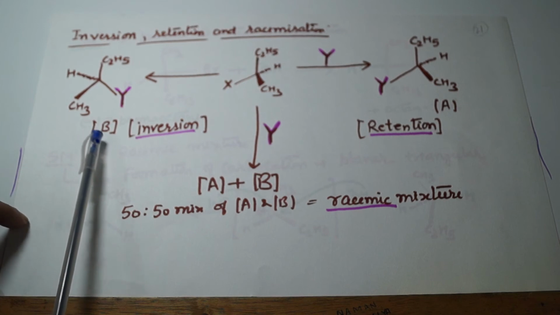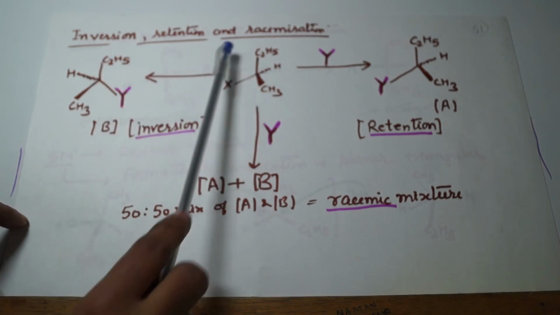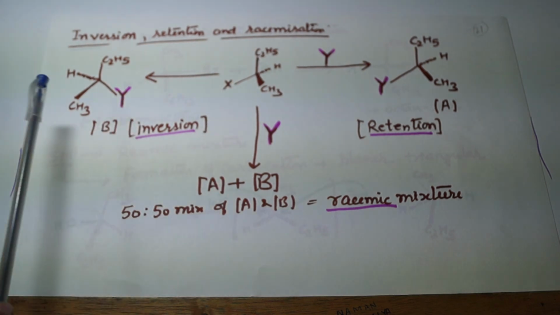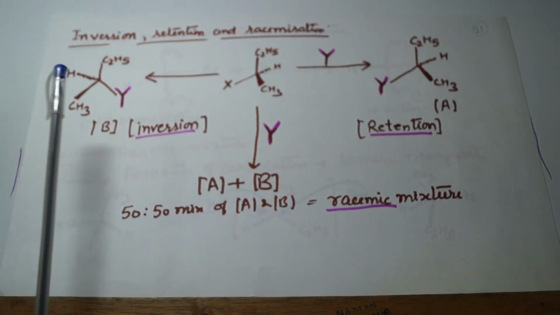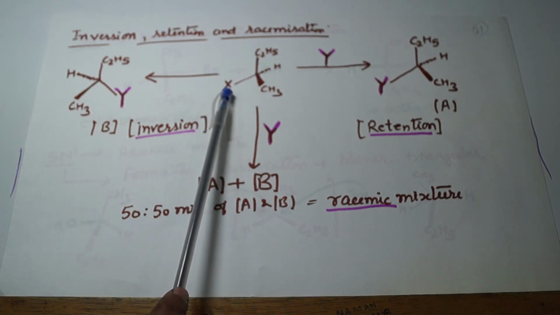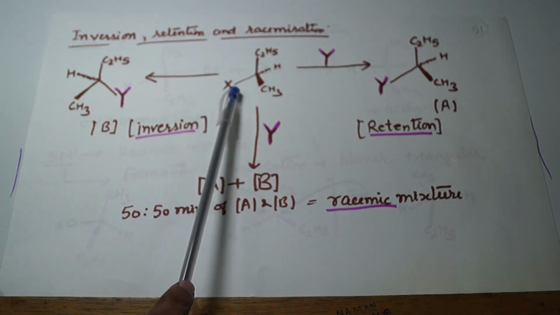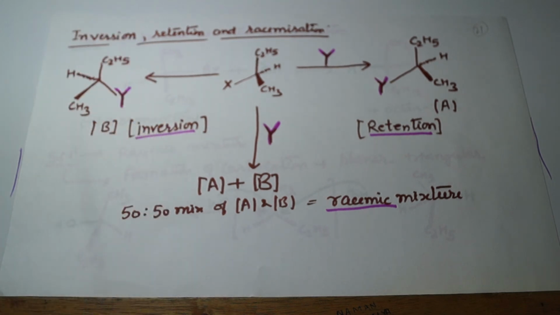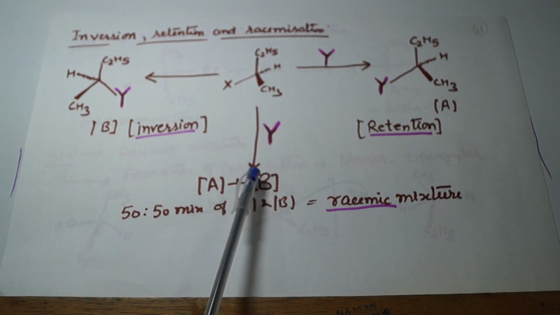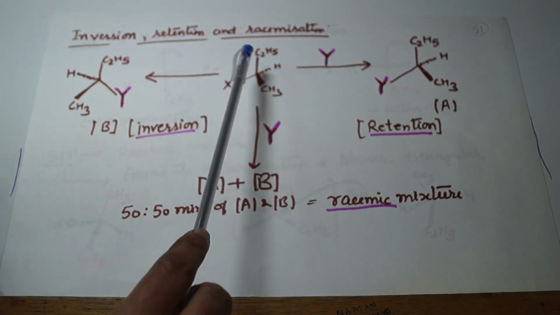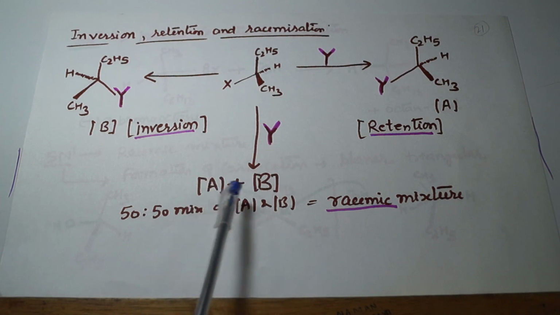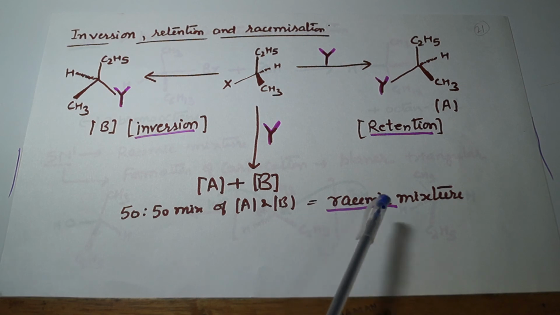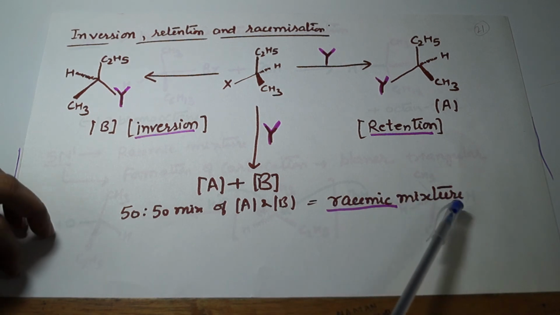While in the case of B, Y attacks this molecule and is placed on the opposite side where X, the leaving group, was placed. This configuration is known as inversion of configuration. And a third case may also happen, where Y attacks this molecule and you get a mixture of A plus B, and if it is a 50-50 mixture, you will get no optical activity and it will be known as a racemic mixture.